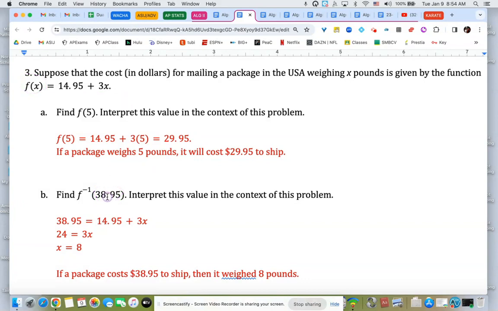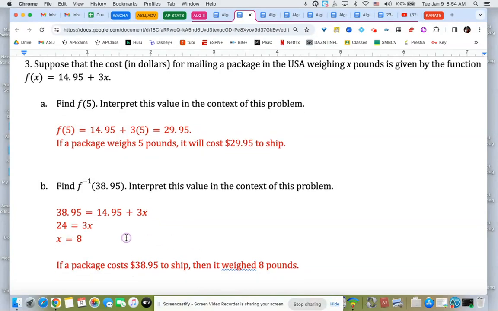So you'll see here that we don't put 38.95 in for x. That's not what we do. We put it in for the y in the original function, right? If I had the inverse function in front of me, I would put it in for x, but I don't. I have the original, so I put it in for the y instead. Tricky, huh? Okay, then you can just solve, and you'll get x is 8, right?